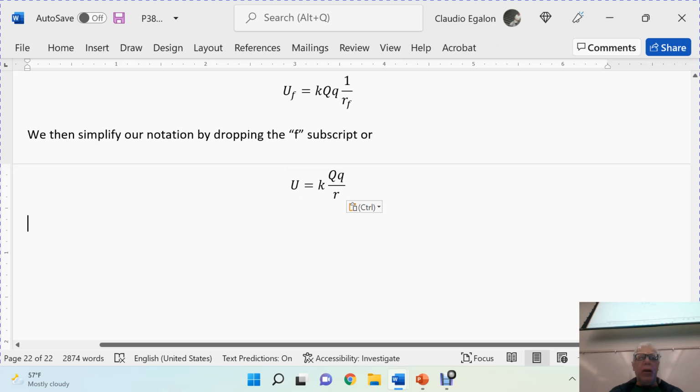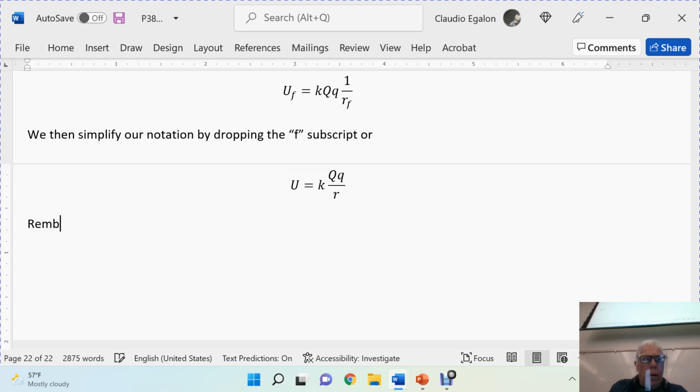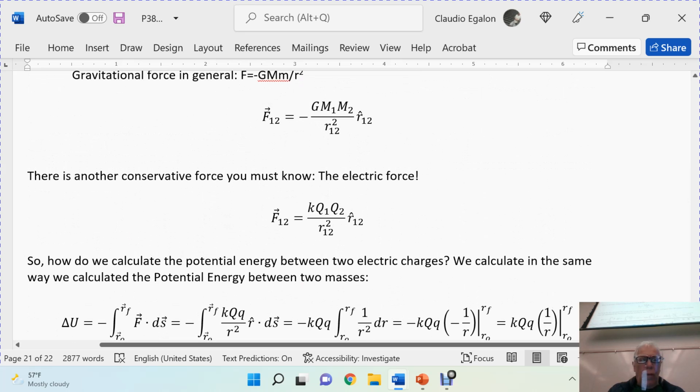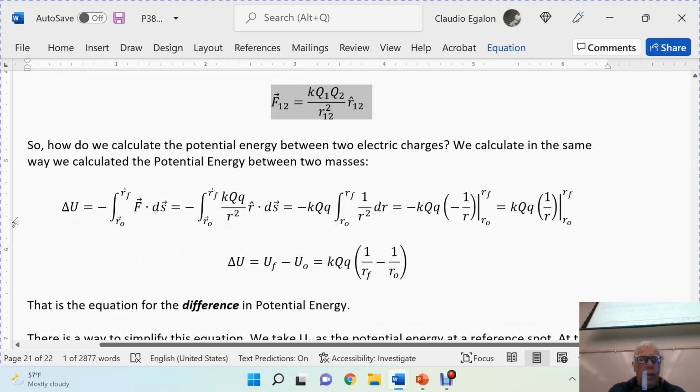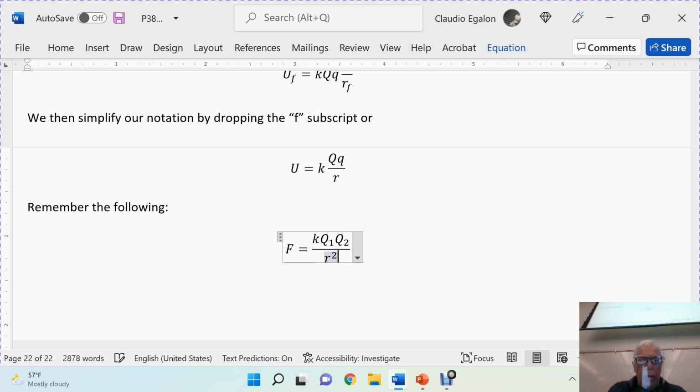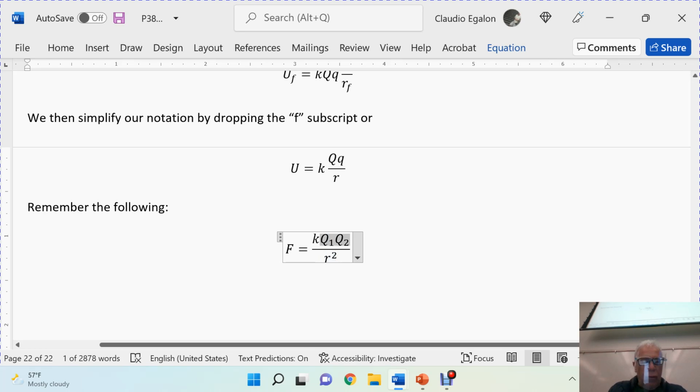Now, how does the electric potential come in? Electric potential comes in the following way. Remember that the electric force, I'm going to come up with a much simpler notation here. The magnitude of the electric force is something like that. And now I'm going to go back to a notation without subscript to be consistent with the drawings.